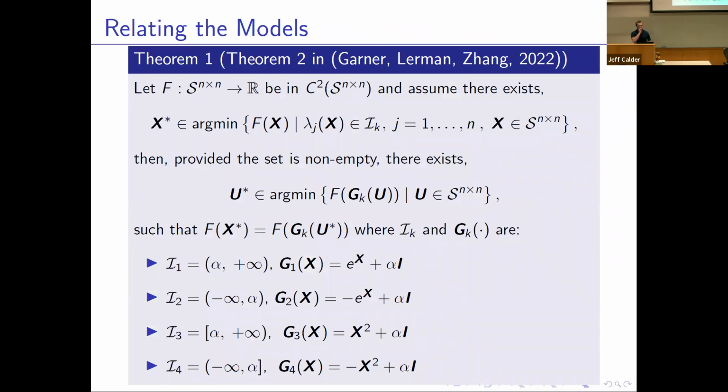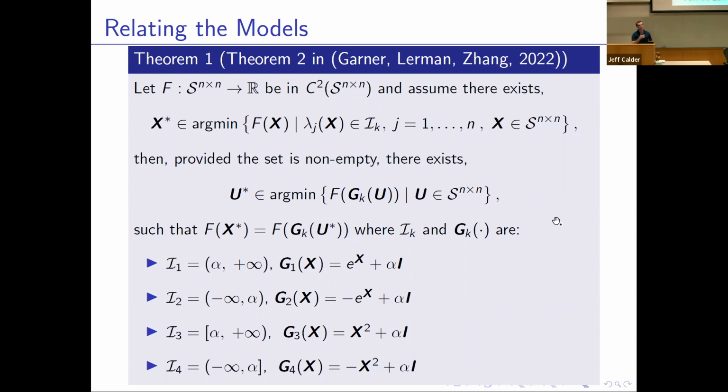And this is where we get a result. If I have my first optimization problem, which is our constrained problem, assuming that the set of minimizers for our unconstrained problem actually exists, then I can rewrite different types of interval constraints for the constrained model and have a completely unconstrained problem.